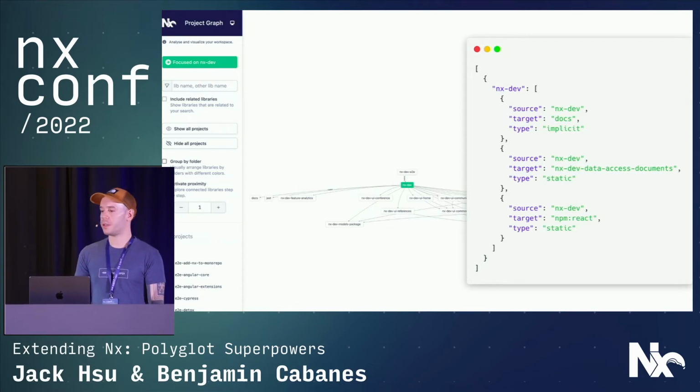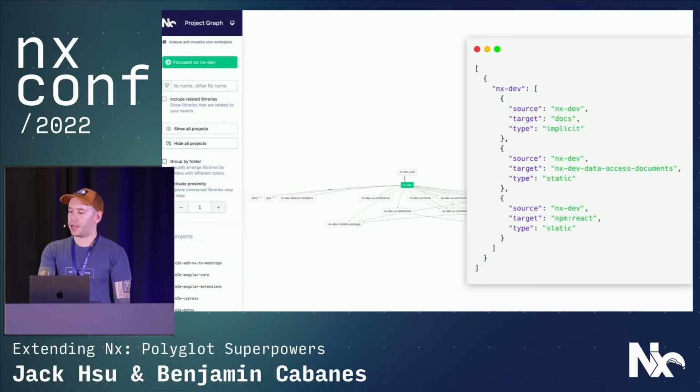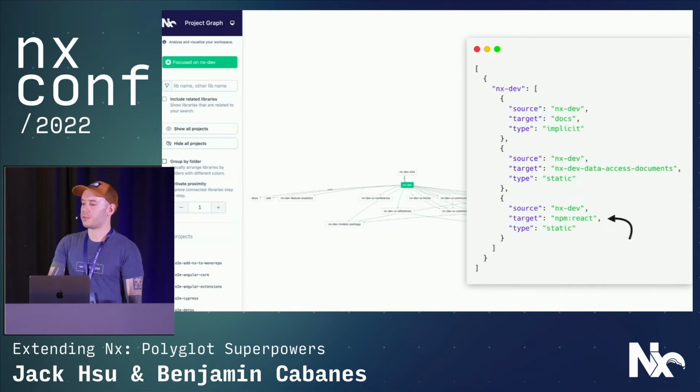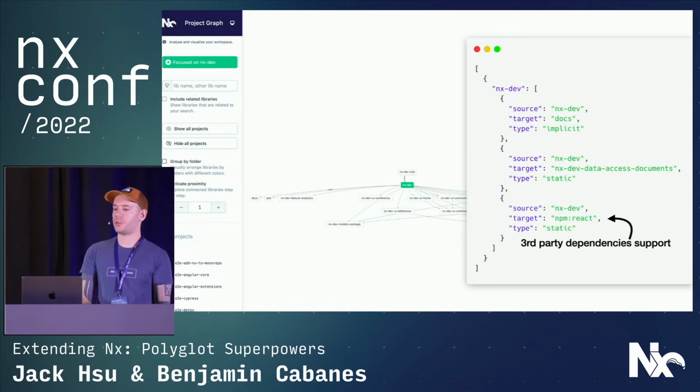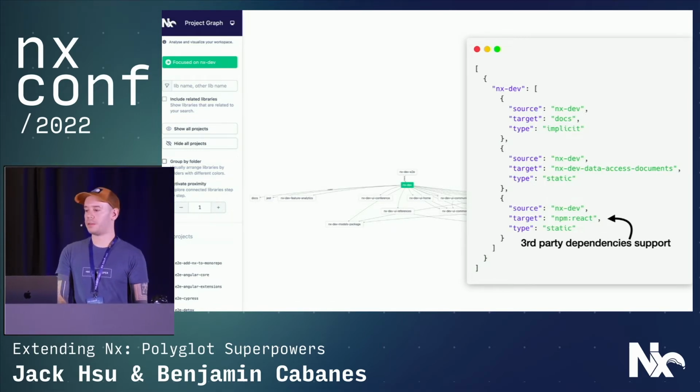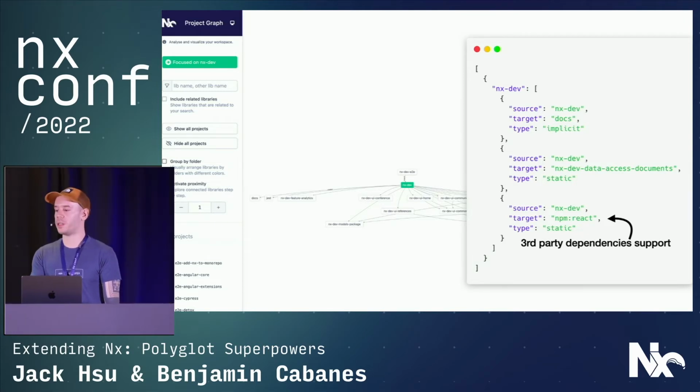So the first one is about the documentation content. Then we have a data access library, which is static. And I'm going to just focus here on the React dependency, because NX, even if it doesn't show you that on the graph itself, knows that your project depends on a third-party dependency.